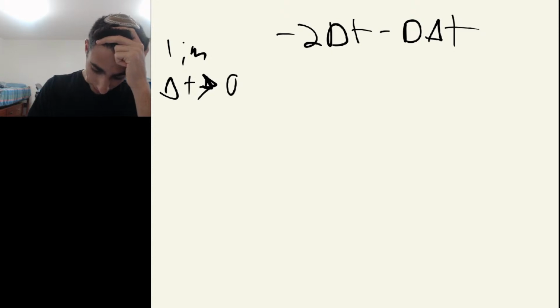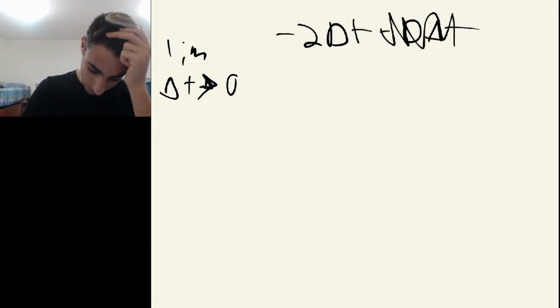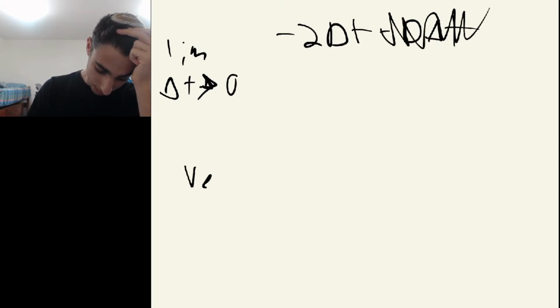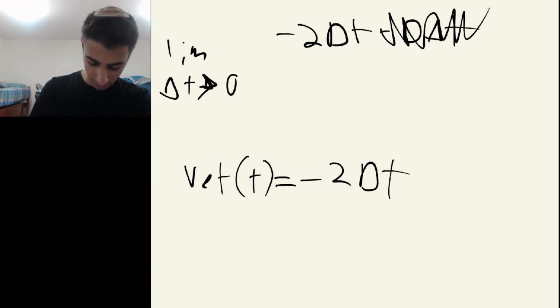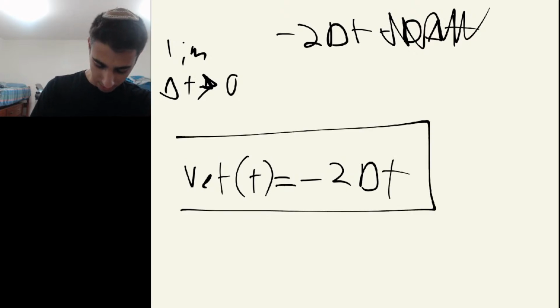Great. Now if delta t is getting to 0, let's just pretend that delta t is 0. So when delta t is 0, this whole term is going to cancel, and we're left with the velocity at time t equals negative 2d t. And if you know your power rule, this makes sense. So we're left with this as our final answer.